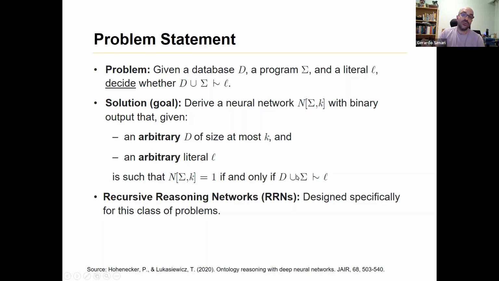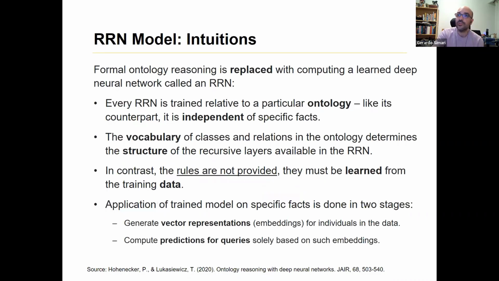And what the authors do is to craft these recursive reasoning networks that are designed specifically for this class of problems. We'll see that recursive or RRNs are a special class of recurrent neural networks, the recursive neural networks. So a few intuitions then.